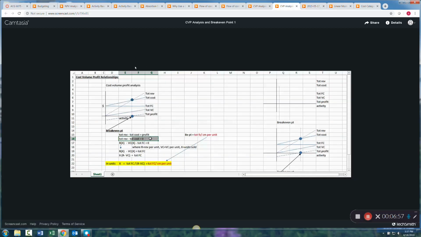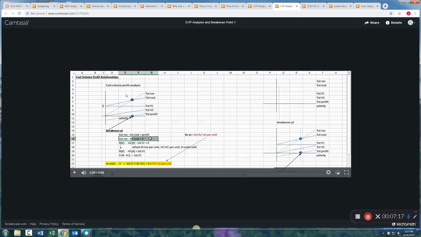From there, we went into cost, volume, profit analysis, or break-even analysis is part of that. And we discussed some of these graphs now that we've noted the importance of defining variable versus fixed costs.